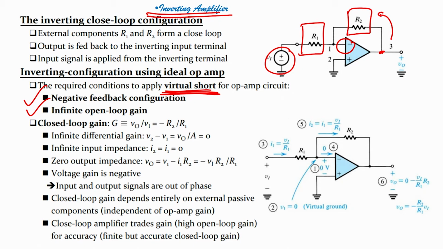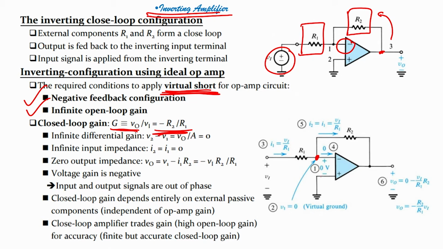So, what is the closed loop gain? Closed loop gain G equals VO by VI, which is nothing but minus R2 by R1. At this point there will be a virtual ground.